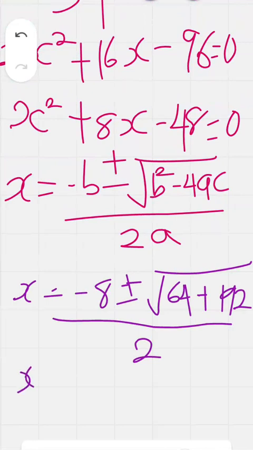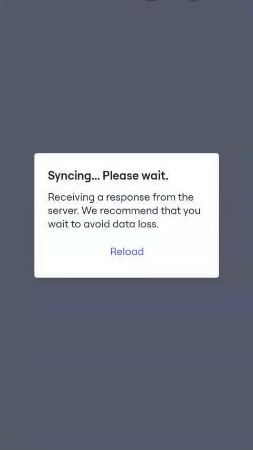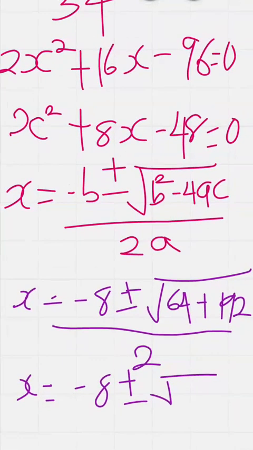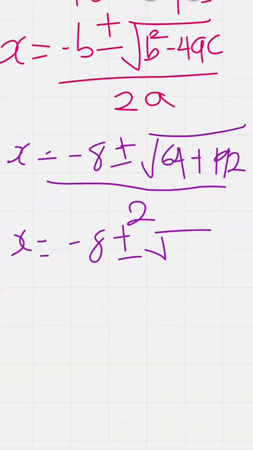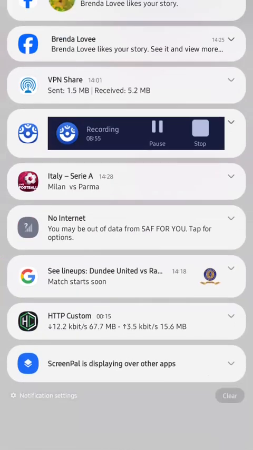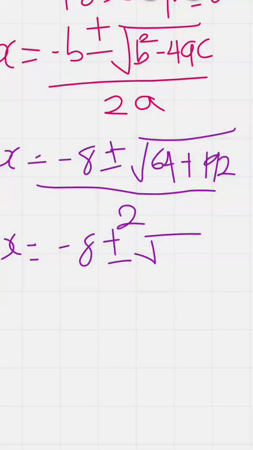Now we have x is equal to negative 8 plus or minus the square root of 256. 256 is the 64 plus 192.